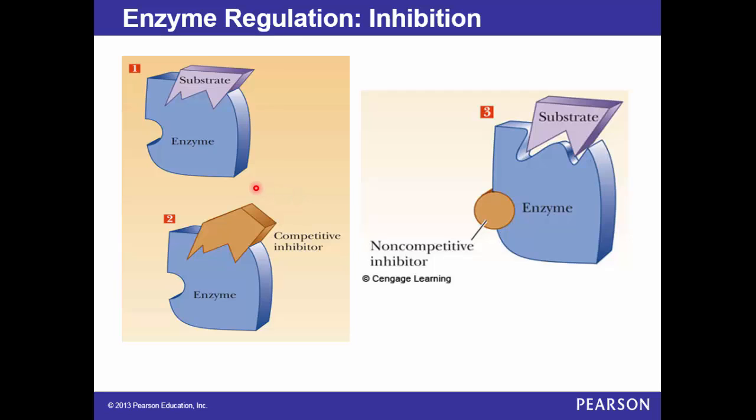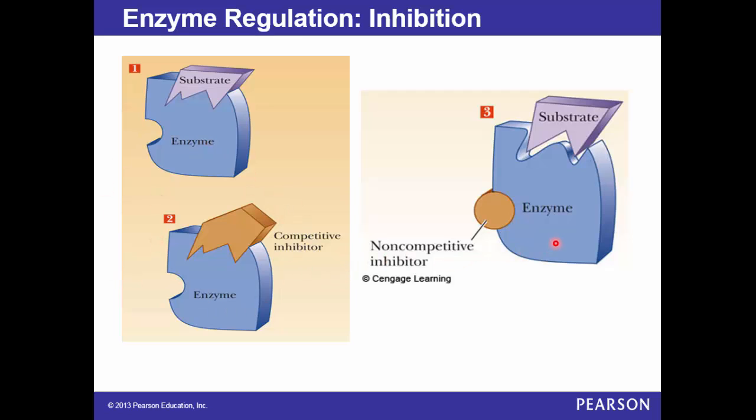Now again, this is how the competitive inhibition looks like, and this is the non-competitive. Note here, the competitive inhibitor binds at the active site exactly because it has the same conformation. So once the competitive inhibitor binds, the enzyme becomes inactive. However, they found that increasing substrate concentration can relieve this type of inhibition.